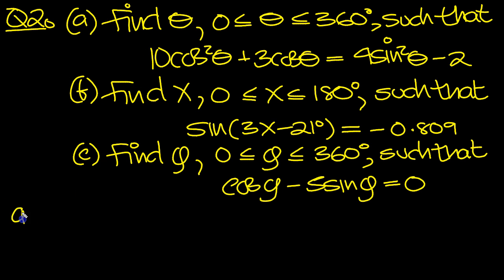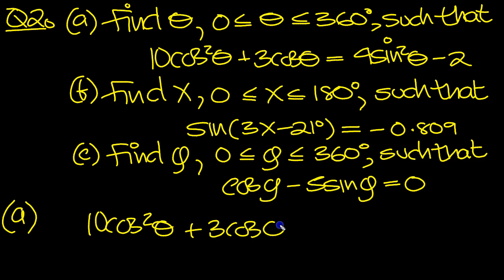So part A. This is going to be a quadratic in cos, because of this term here. So we need to write the sine squared as 1 minus cos squared. So let's write down the equation: 4 cos squared theta plus 3 cos theta is equal to 4 sine squared, which we replace by 1 minus cos squared theta, minus 2.